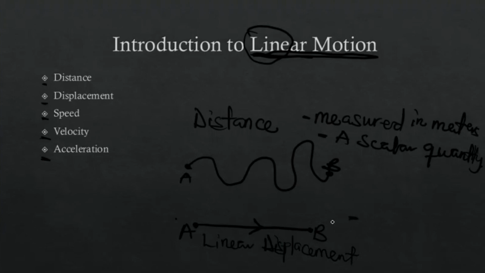Because it's moving in a specified direction, we can say it's a vector quantity. And it's also measured in meters because it's just length, but in a specified direction. So it's also measured in meters. That would be a similarity between distance and linear displacement.